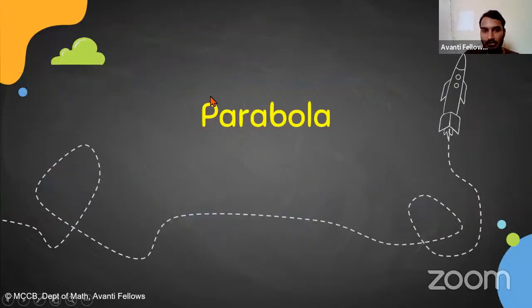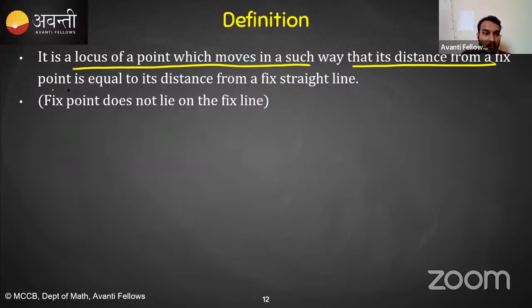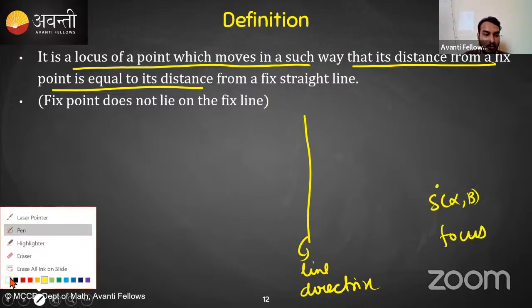Again, the definition should be clear to you: it is a locus of a point which moves in such a way that its distance from a fixed point is equal to its distance from a fixed straight line. Let's say this is a line, which is the directrix, and this is a point which is the focus. Yes or no? This is the focus, and it is a locus of a point.